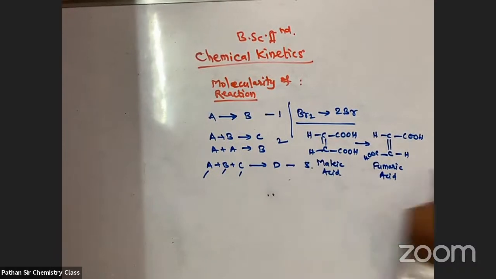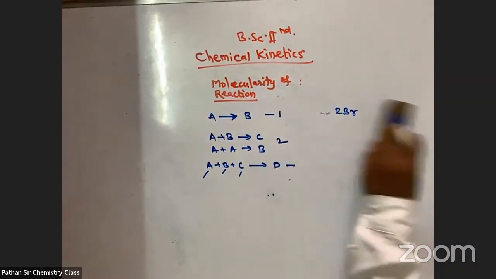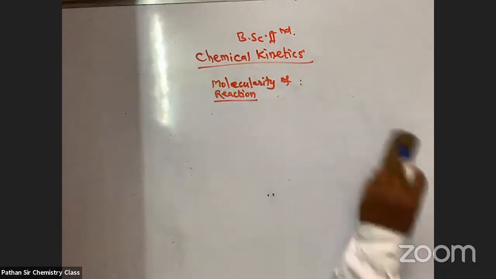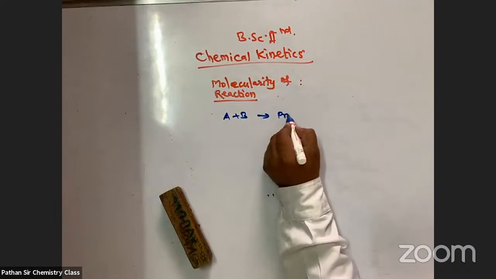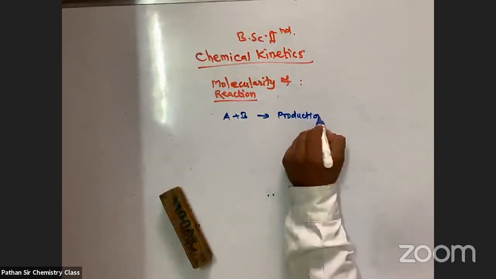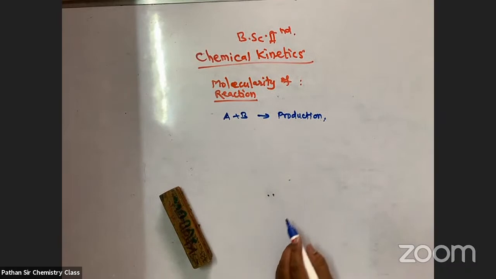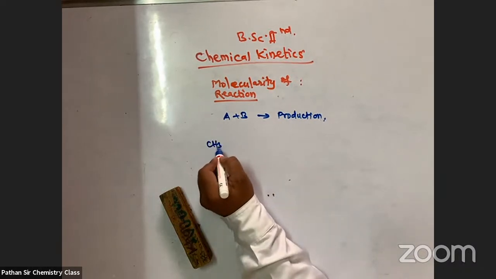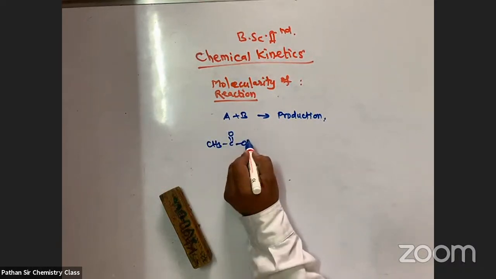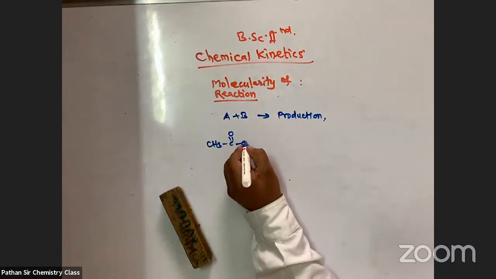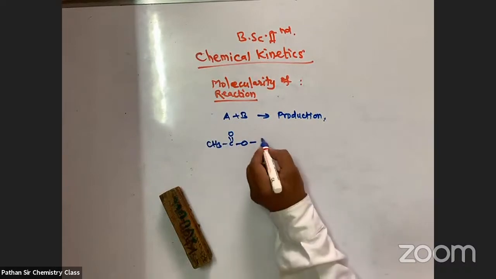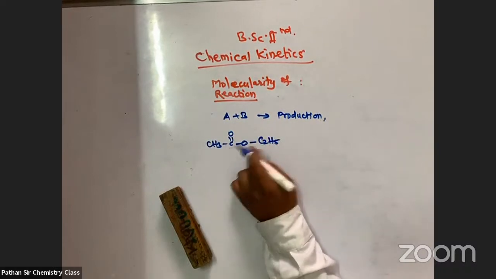Then the bimolecular reaction. A plus B gives product. This is a bimolecular reaction. Now what happens? When we study hydrolysis of ethyl acetate, this is CH3COOH, acetic acid. Remove OH. Then connect C2H5, this is the ethoxy part.